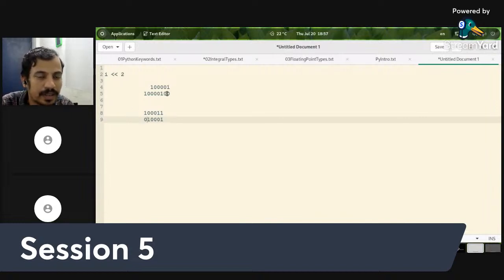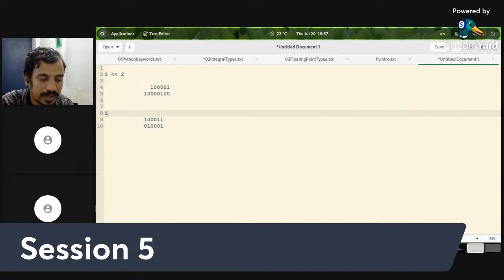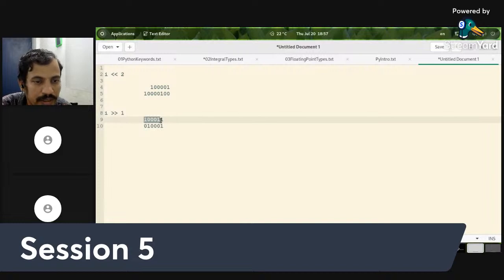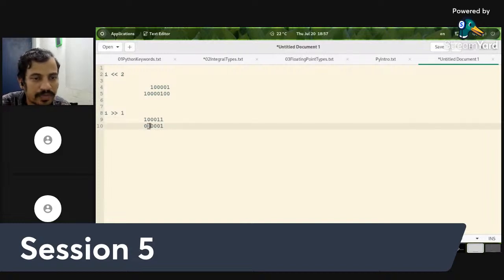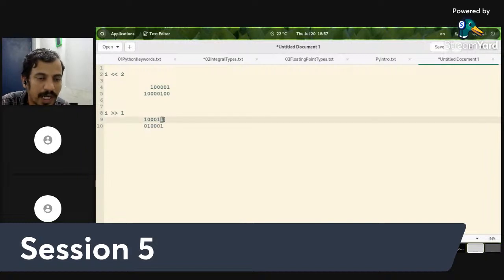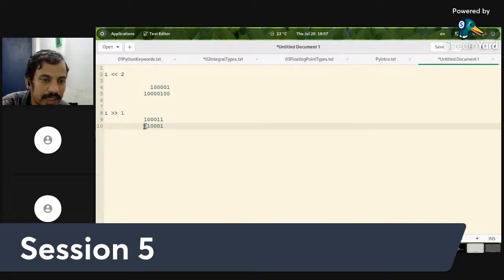We added zeros at the rightmost end in the left shift operation, whereas in the right shift operation, every bit gets shifted right by one position, the last bit is discarded, and whatever vacancy is created at the beginning, you add a 0.